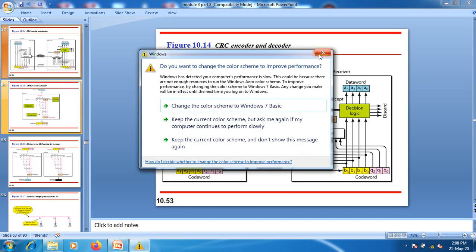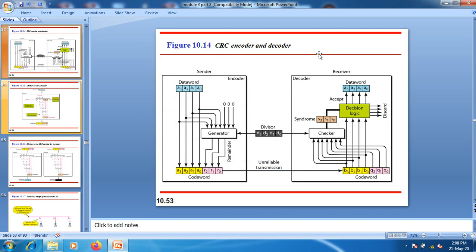The destination receives a 6, whatever data we have sent, that is a 4, that is corrupted, and it reaches the destination as a 6 here. In that case, when you perform a division operation on it, we still get 0 as a remainder. In that case, we are incorrectly extracting some wrong data from it.